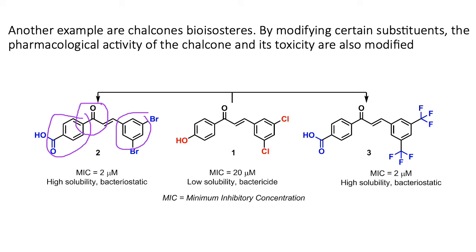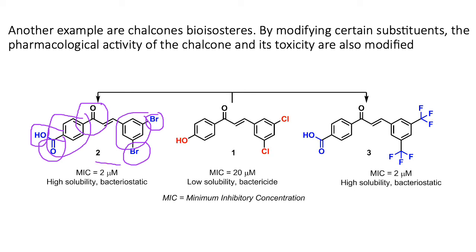By changing some of the side chains, here we've got the 2 bromides on this aromatic ketone, and here we have an OH group and a double bonded oxygen, we can alter the minimum inhibitory concentration.